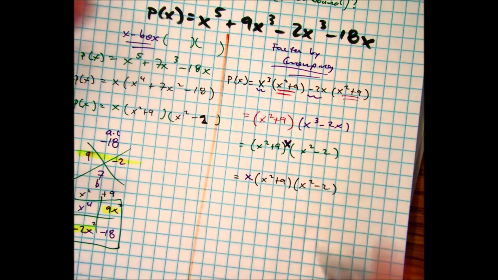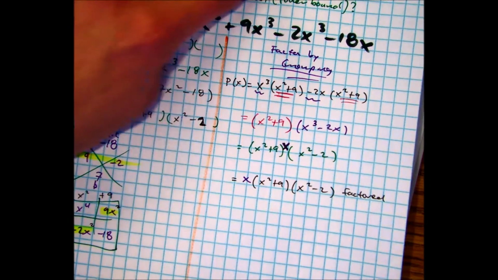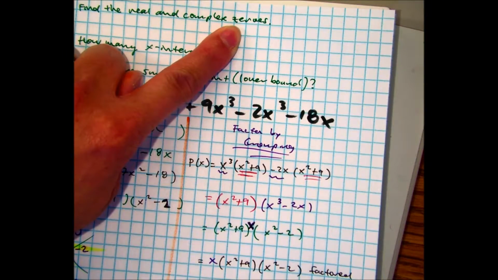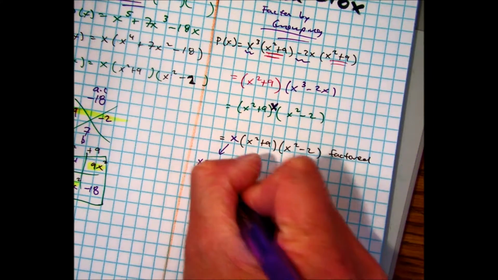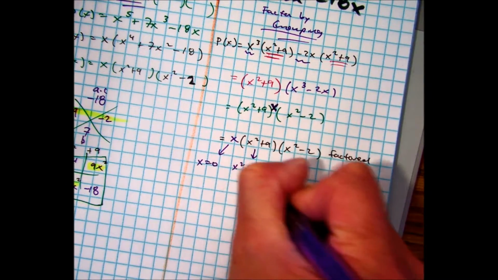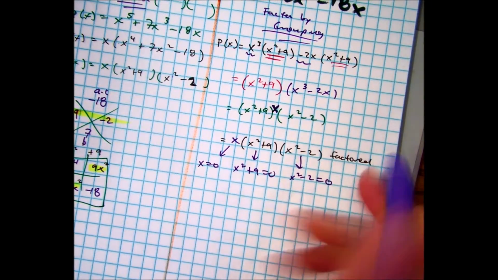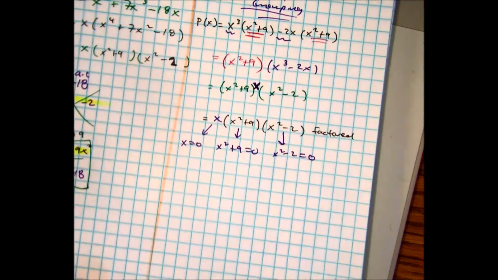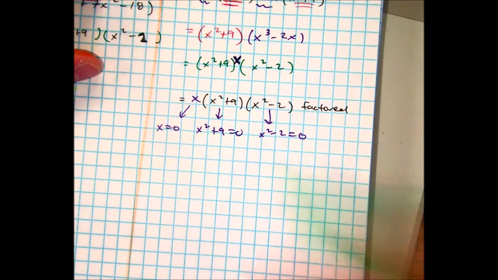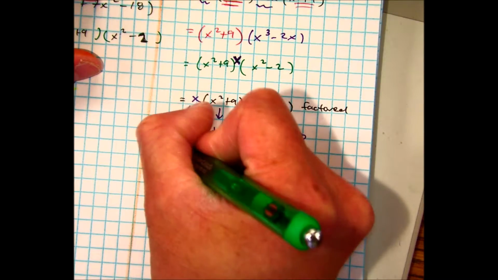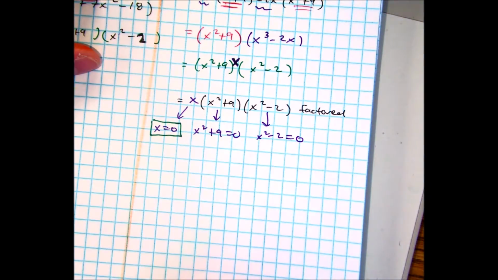So basically we factored. Well, to solve for zeros, I'm going to have to set it equal to 0. So let's set each of these equal to 0. This is our zero product rule. So if you solve this, I got a solution right here. How about this one? How do I solve for x?